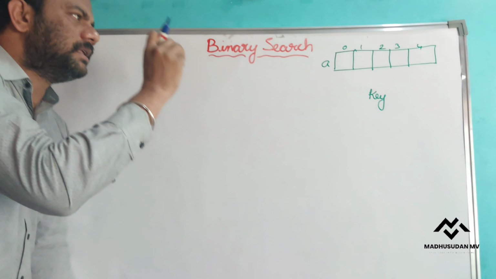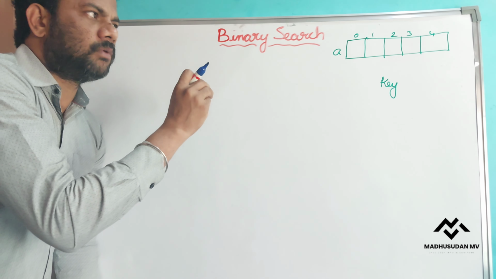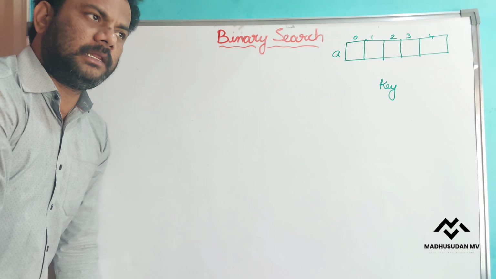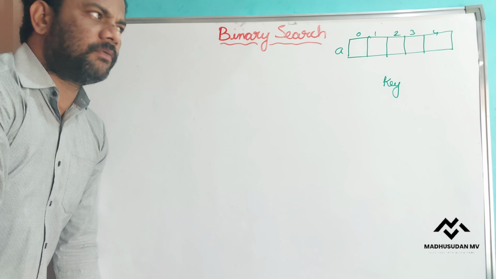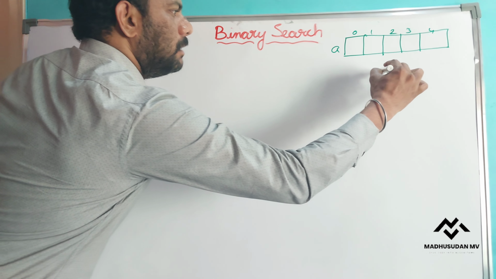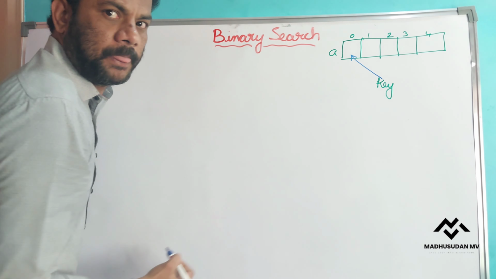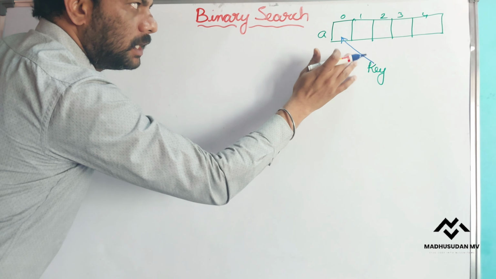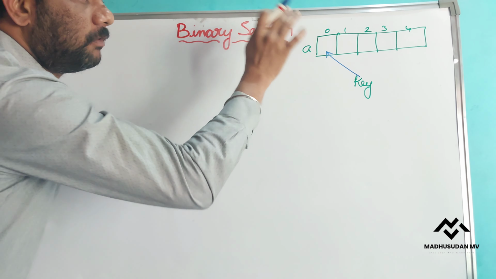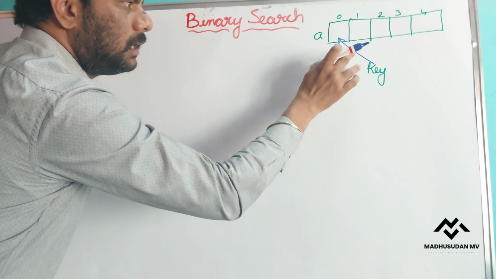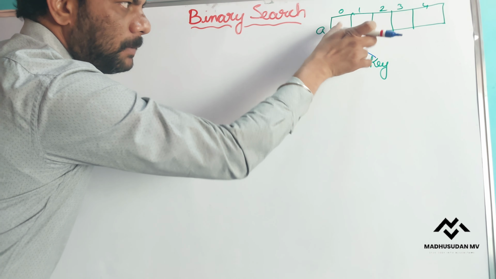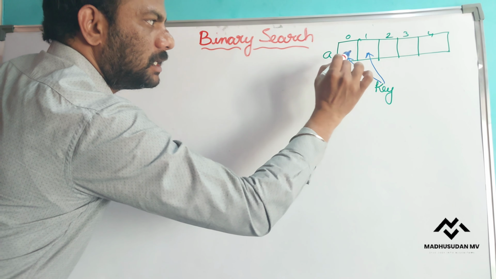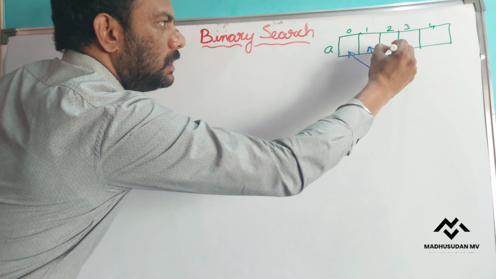We already discussed this searching technique, the brute force technique, in the previous video on linear search. Linear search uses the brute force technique. In linear search, we first compare the given key element with the first element. If the key element and this element match, we stop searching and return the position where we found it. If it does not match, we compare the key element with the next element, and again with the next one.